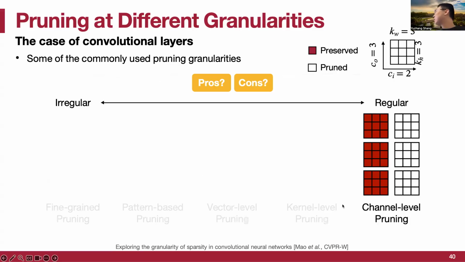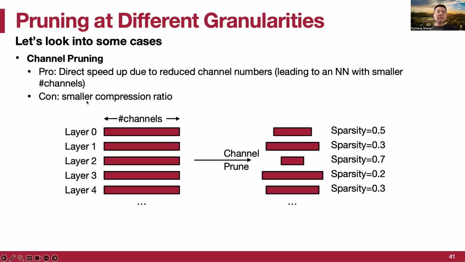The third example I want to emphasize is the most coarse-grained one. Basically we do channel level pruning algorithms. We prune out half the number of kernels in the convolutional layers. The pro is we can directly speed up due to the reduced channel numbers, right?